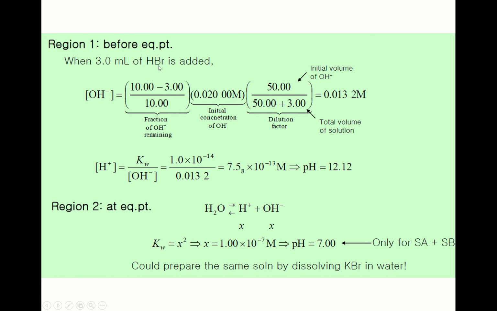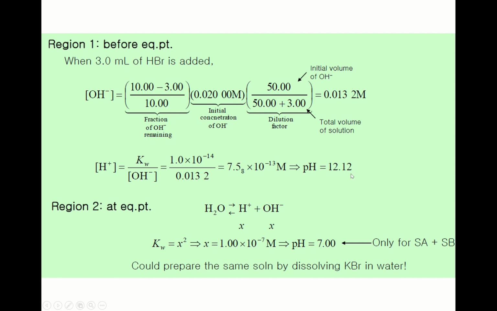But since you added HBr, the total volume increased. So you divide by what? 50 plus 3. That way you can easily calculate the hydroxide ion concentration. Now it is 0.0132 molar. This is the hydroxide ion concentration, and the proton ion concentration is given by this equation, and we get this number. So pH will be 12.12.